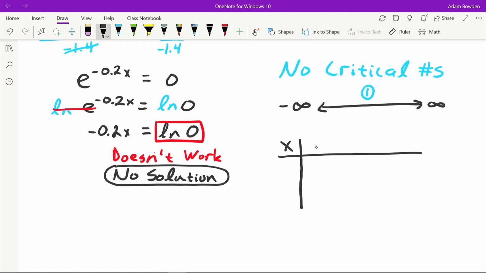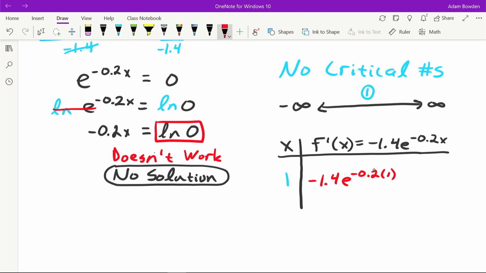So plugging in the value of 1, we get negative 1.4 e raised to the negative 0.2 times 1, which I just got a decimal for, of negative 1.1. So it's negative, it's decreasing. No matter where you go, this function will always have a negative derivative and it will always be decreasing.